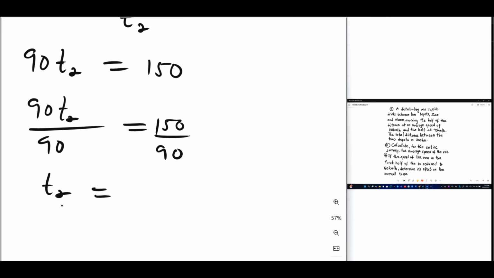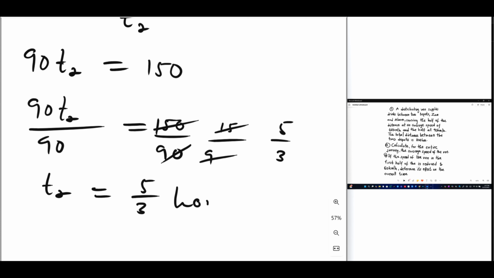You can equally simplify. 10 here, 9, 10 here, 15. I think 3 can still divide. 3 here, we have it to be 5. Then 3 here, we have it to be 3. So we are going to get a result of 5 out of 3 hours, the time taken to cover the second half of the journey.